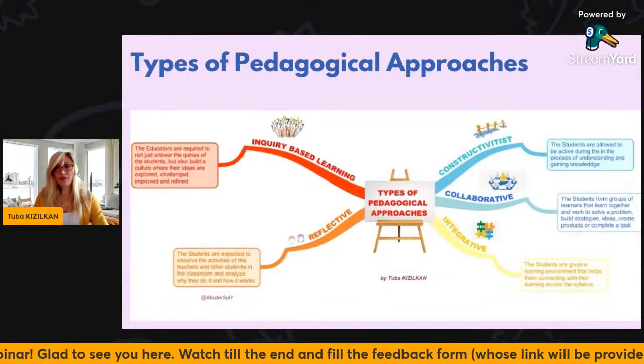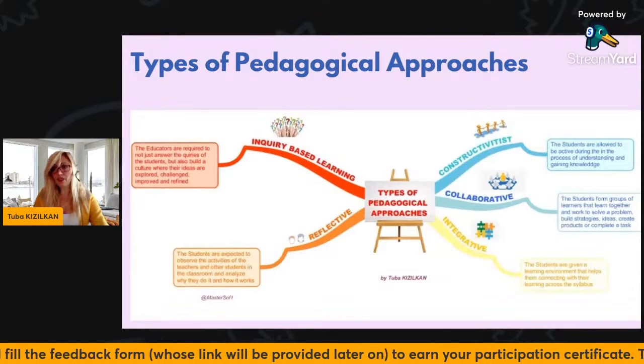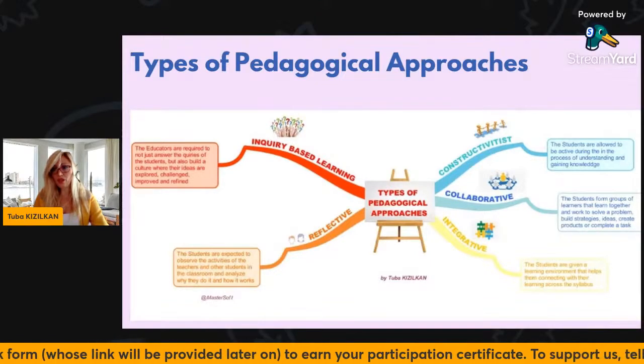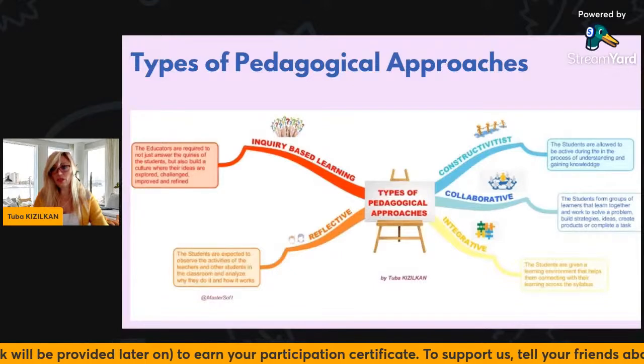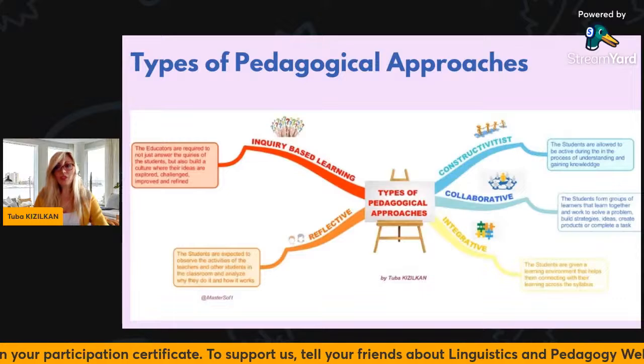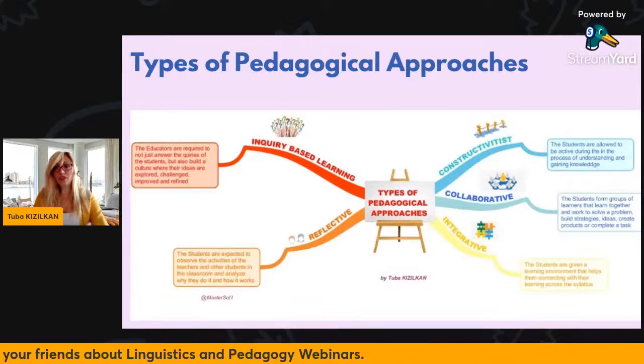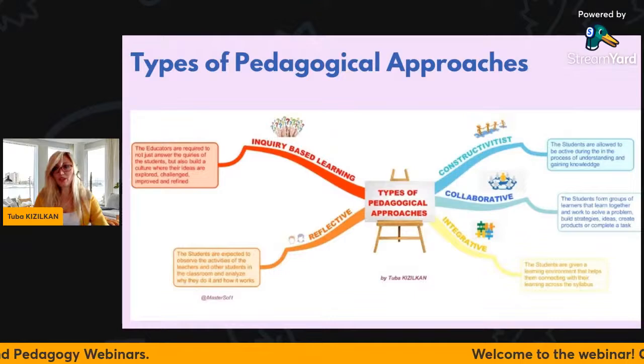And we also have an integrative approach, in which the students are given a learning environment that helps them connect their learning across the syllabus. So the integrated approach works between the other components and the other subjects within the syllabus.